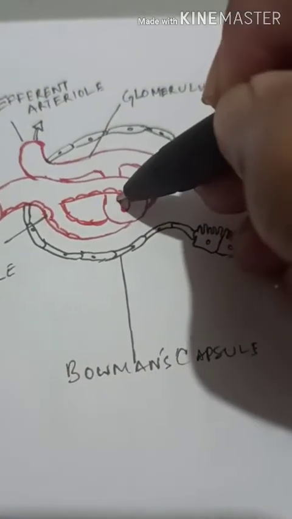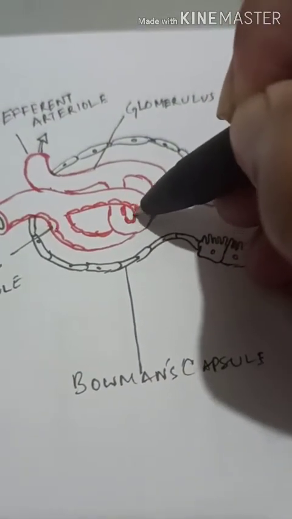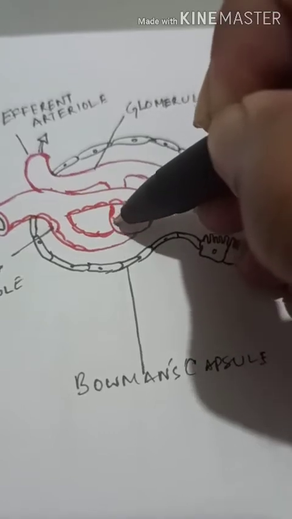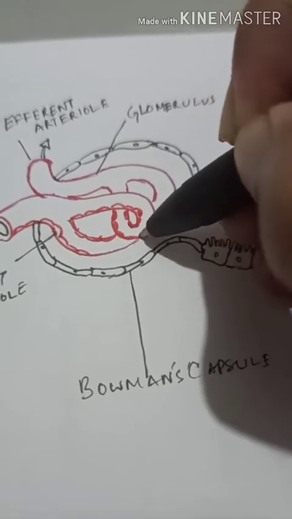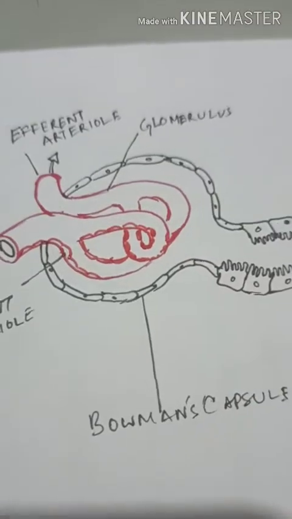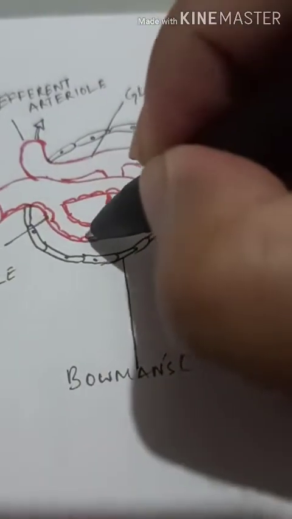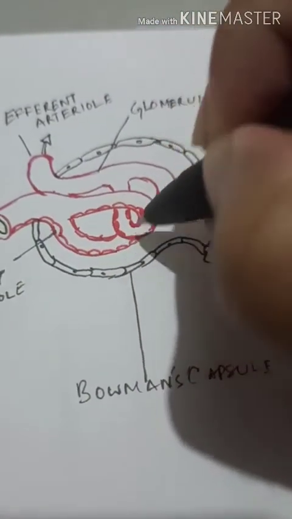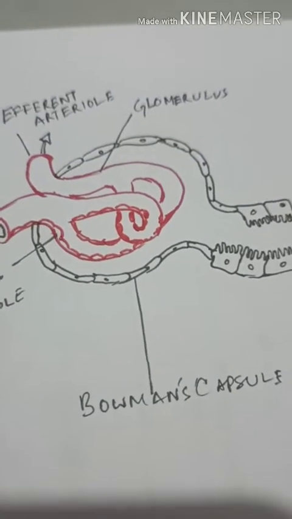I'm not drawing the entire structure because it will become a bit haphazard. So this entire thing is made up of this single layer of epithelium, which can help in diffusion of blood material and everything.